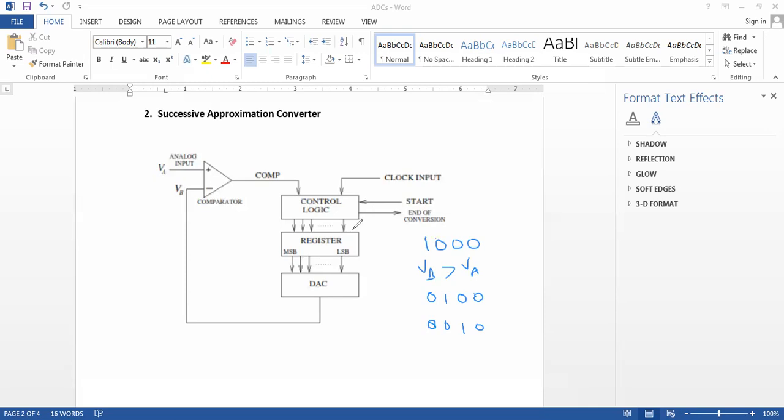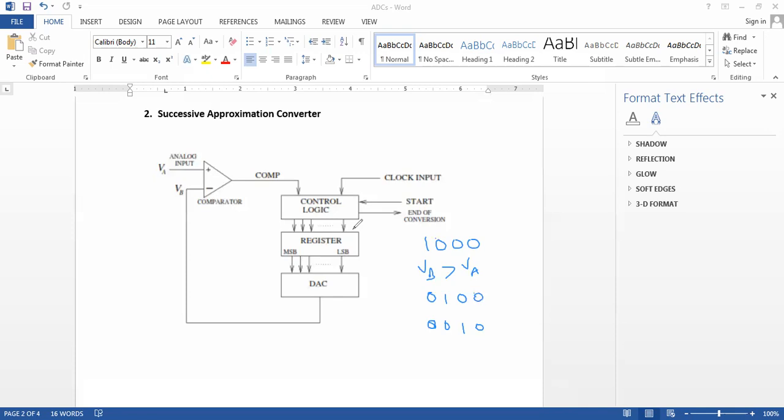And that is why this converter is called a successive approximation converter, because it keeps approximating a digital code that is equivalent to the analog input voltage VA to be converted into digital form.